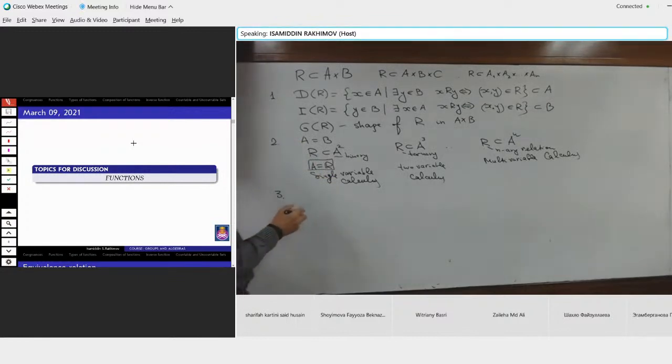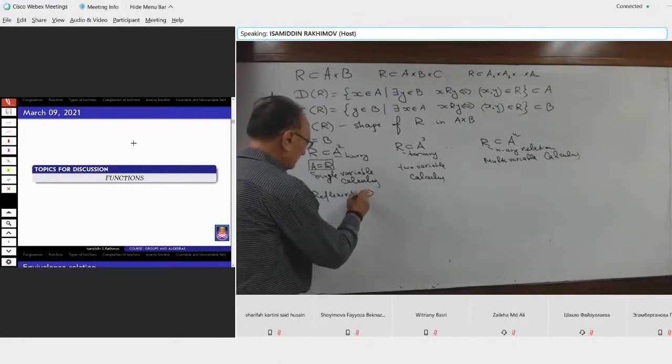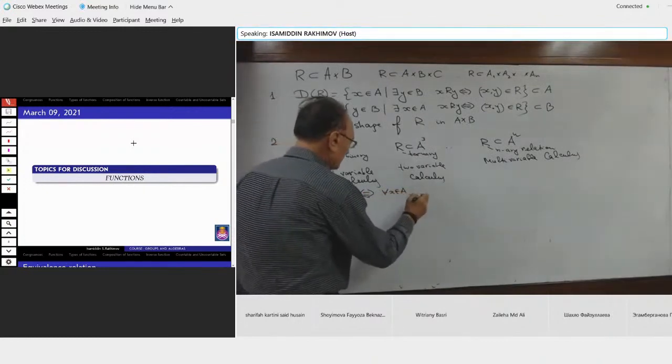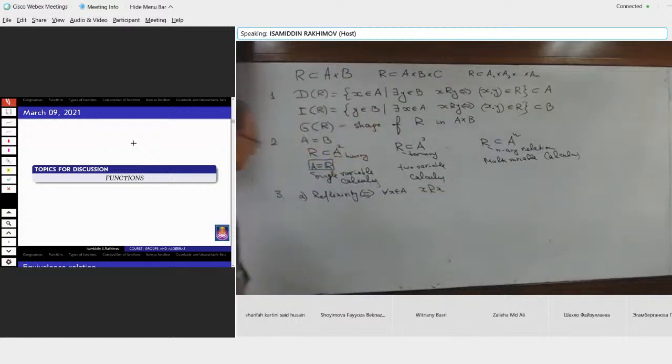Now we identified three properties. The first property is reflexivity. Reflexivity means for any x from A, x R x.